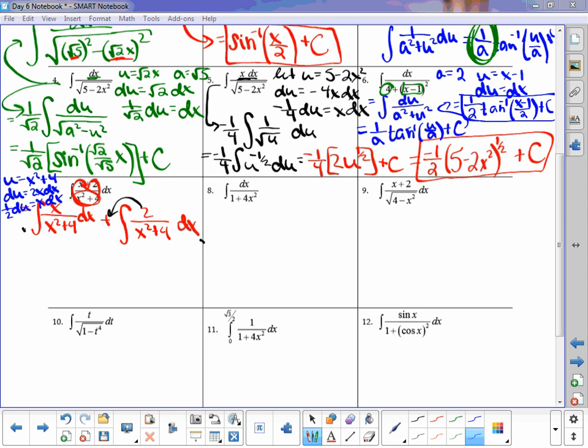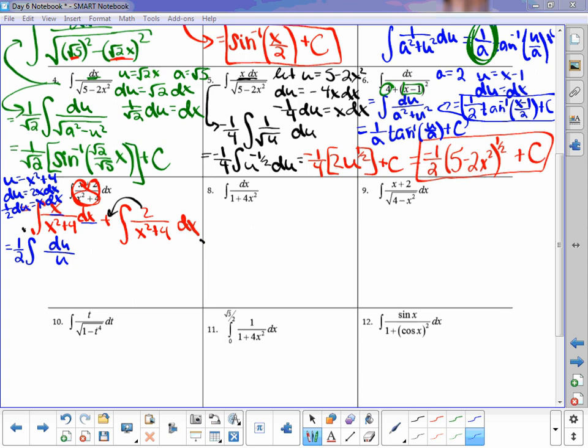All right. So now when I rewrite this integral, x dx is just 1/2 du, and x squared plus 4 is just u.